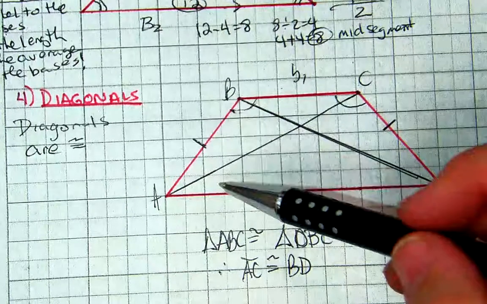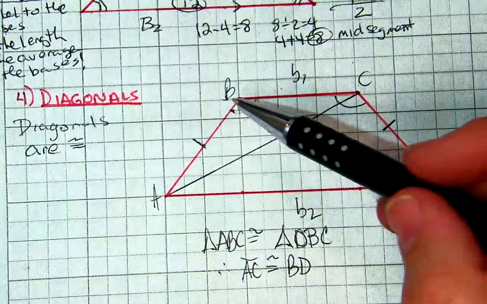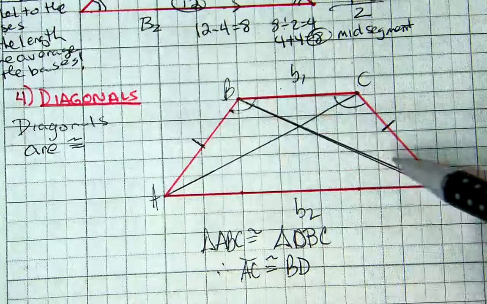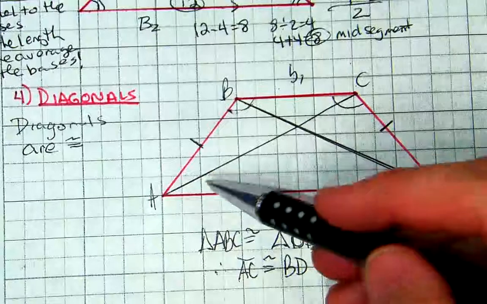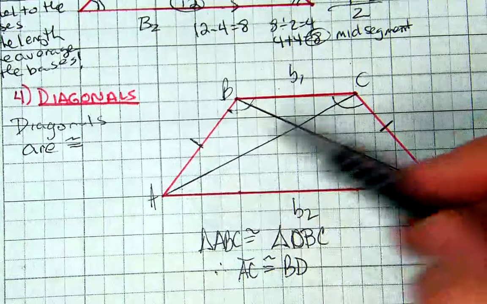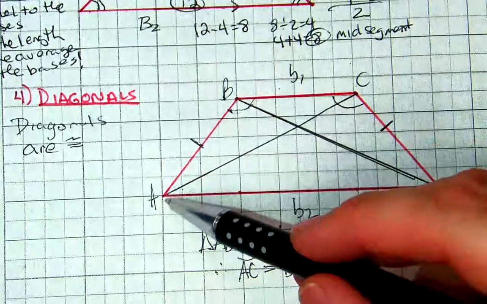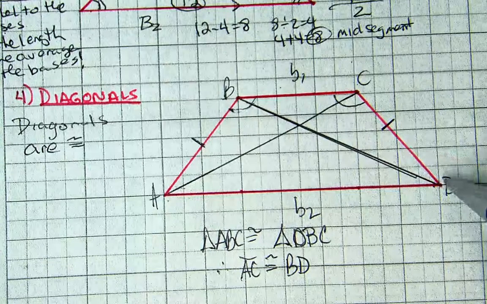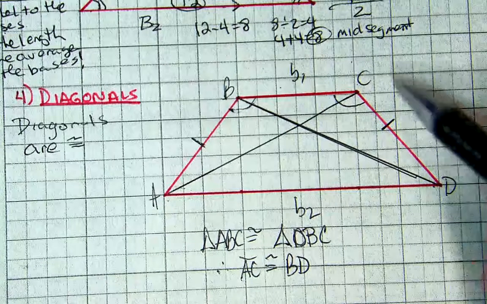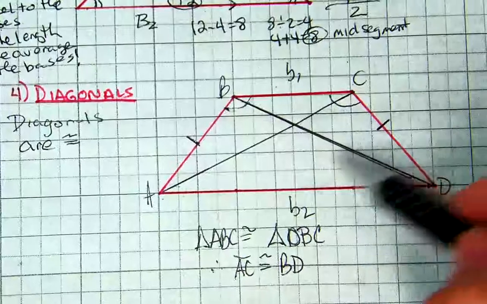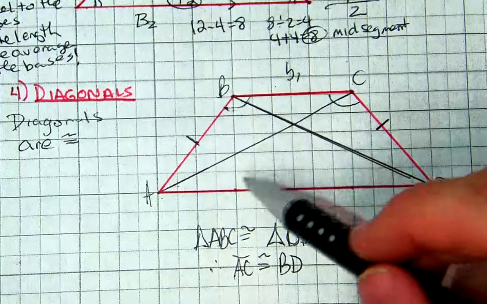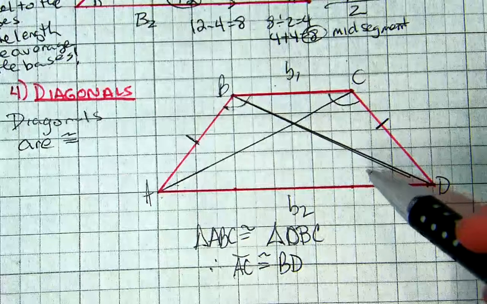You could have figured out that side, that angle, and this side, where you could have had this angle there. So if you use triangle ABD and triangle DCA, you would have been able to prove that those two triangles are congruent and that the diagonals were congruent as well.